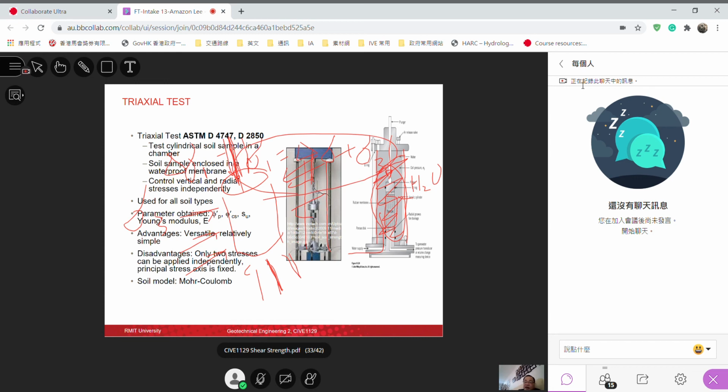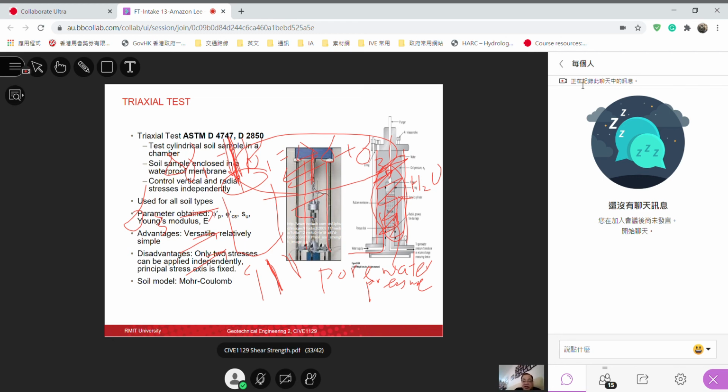Then we figure out the major principal stress. Inside we also have a pore pressure transducer, so we can measure the pore water pressure. Since we know the pore water pressure, we can figure out both the drained parameters and the undrained parameters.